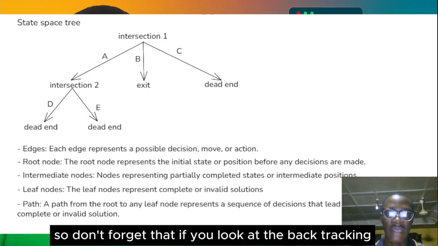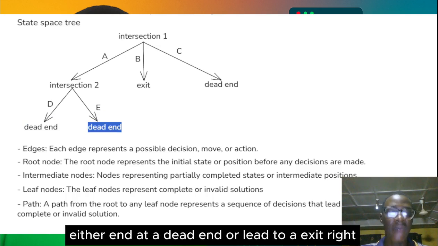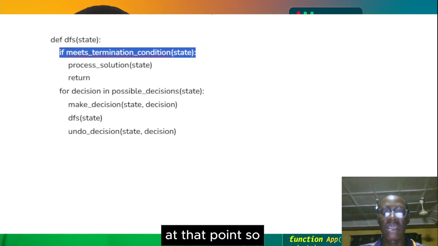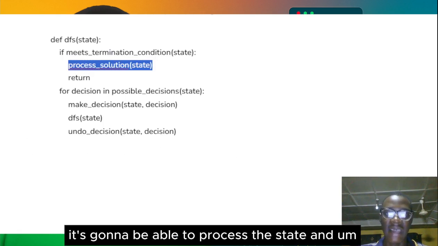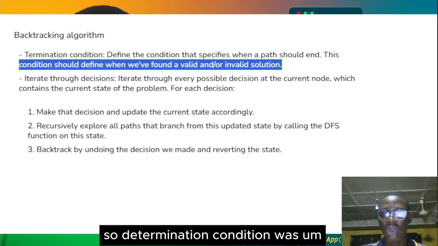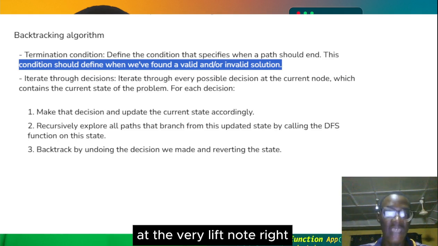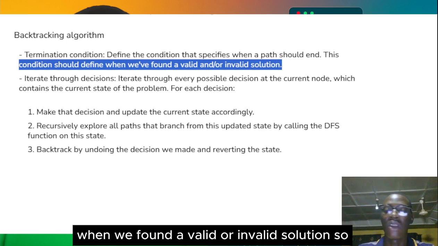Don't forget that in backtracking, we always have a leaf node that will either end at a dead end or lead to an exit, right? So this termination condition will be placed at that point, so that it's able to process the state and return, so as to avoid an infinite loop. It specifies when a path should end at the very leaf node, and should define when we found a valid or invalid solution.